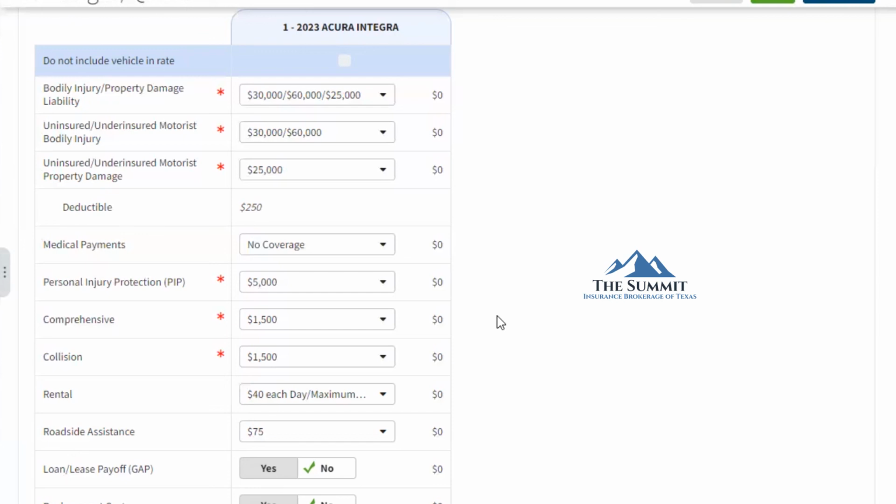The good thing is independent agents will have some companies that write umbrella policies standalone. So whether you get the multiple policy discount, or you have an auto standalone, home standalone, and an umbrella standalone, there are options out there.